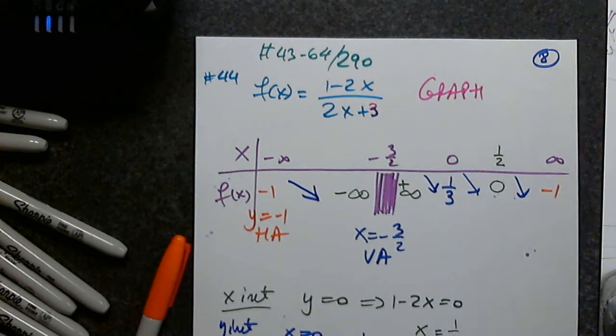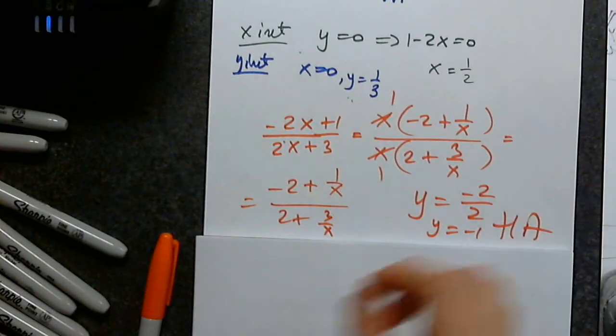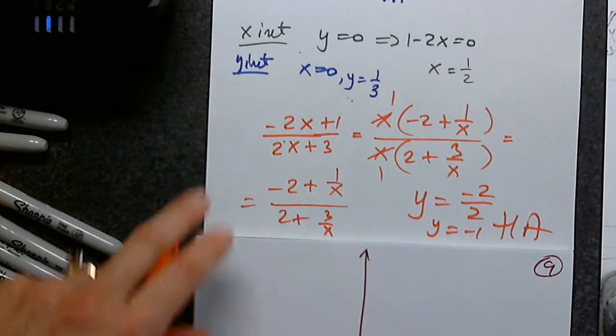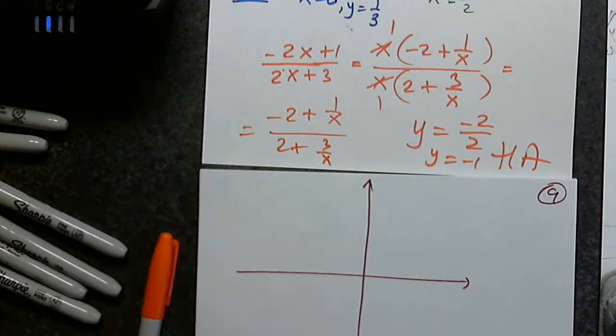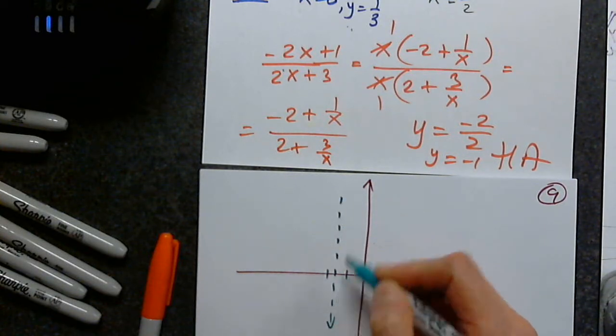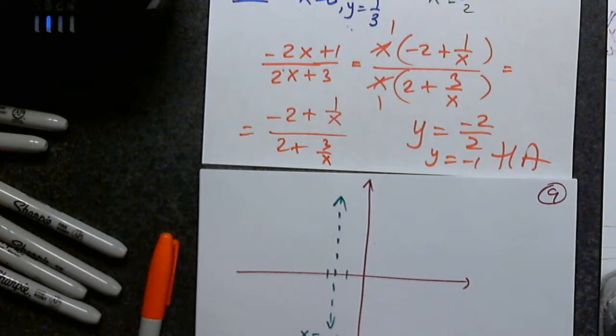When I graph a function with asymptotes, I have to graph the asymptotes first. So let's start. First asymptote is the vertical one, negative 3/2, which is here. x equals negative 3/2.